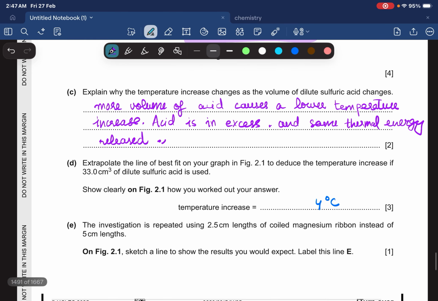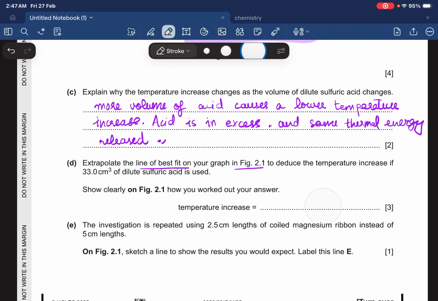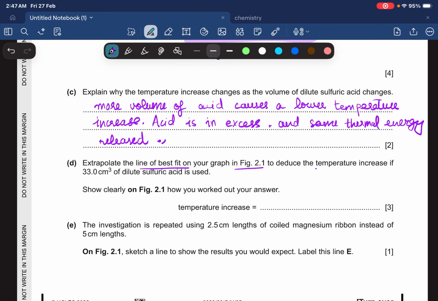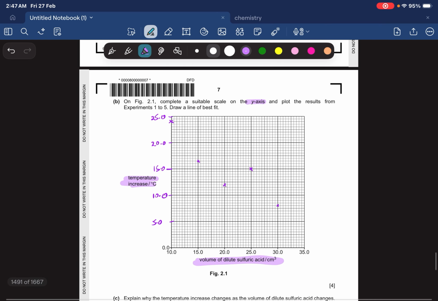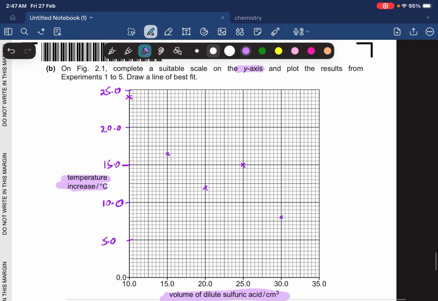Okay, extrapolate the line of best fit on your graph in figure 2.1 to reduce the temperature increase if 33 cm cube of dilute sulfuric acid is used. So now I have to extrapolate it, show clearly in figure 2.1 how you worked out your answer. Okay, so first I need to draw a line of best fit, which I didn't draw earlier because I was a little vague about things.